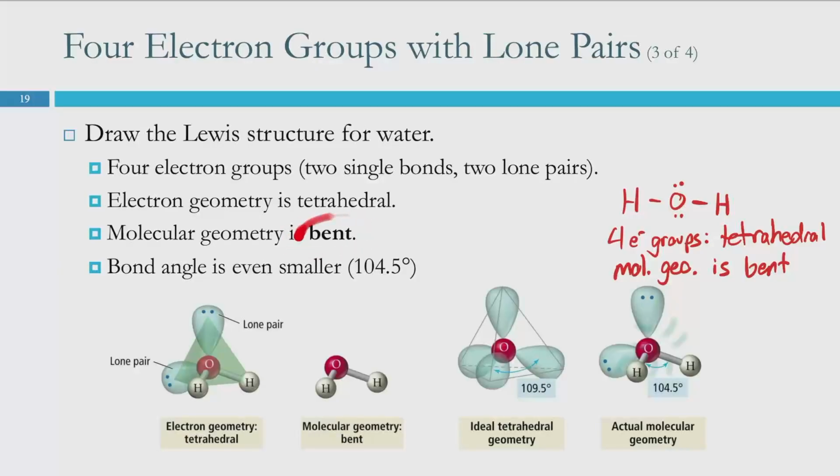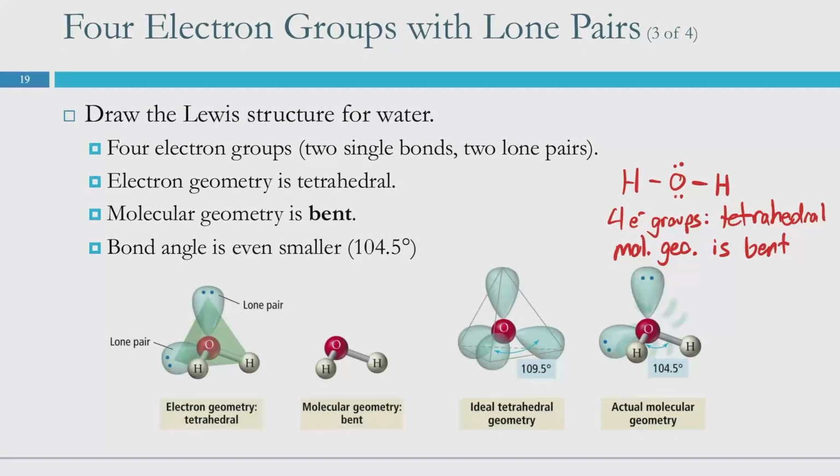And for the bent molecular geometry, our bond angle is even smaller, because now we've got 2 lone pairs, and 2 lone pairs are going to take up more space than 1 lone pair. And that's going to force these hydrogens to be even closer together. So 4 electron groups, 2 lone pairs is bent. If we had one lone pair, that was our trigonal pyramidal.